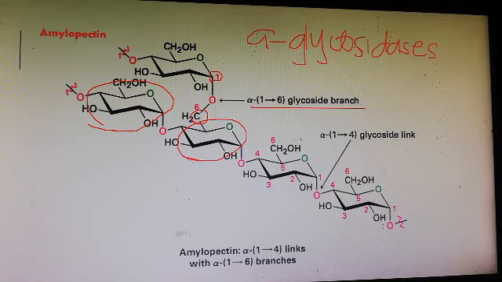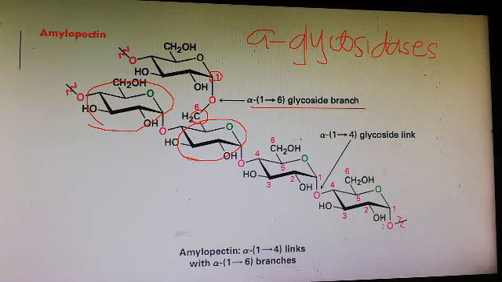The alpha glycosidases digest the starch, catalyzing the glycoside bonds by hydrolysis and releasing individual molecules of glucose.